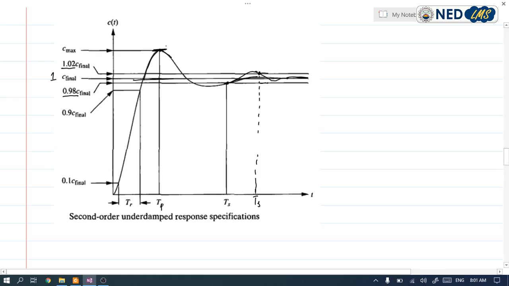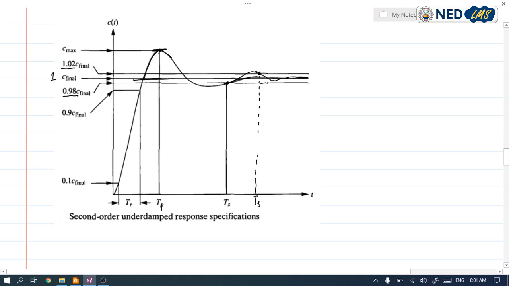So first we evaluate the derivative of this graph, and for that we have to take the derivative of the output response equation that we have derived earlier.